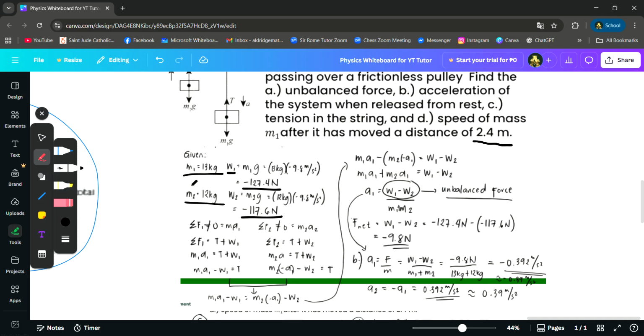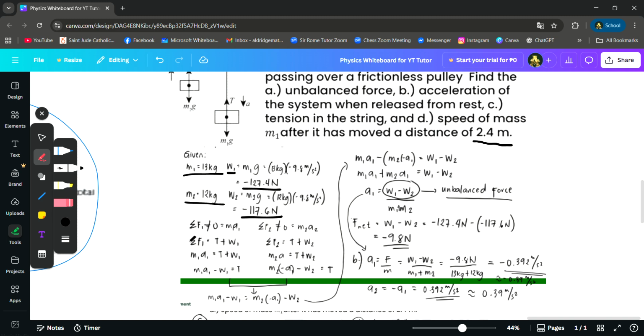So we have the given: mass 1, 13 kilograms, mass 2, 12. Weight 1 is calculated by multiplying mass by negative 9.8, so that's negative 127.4 newtons. Weight 2 is negative 117.6 newtons.